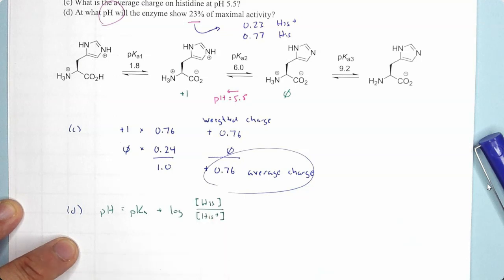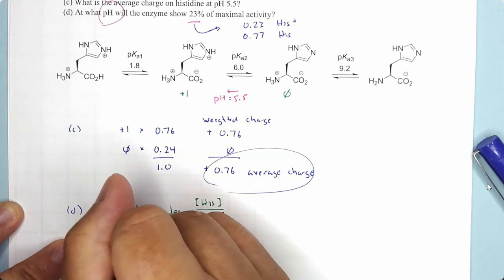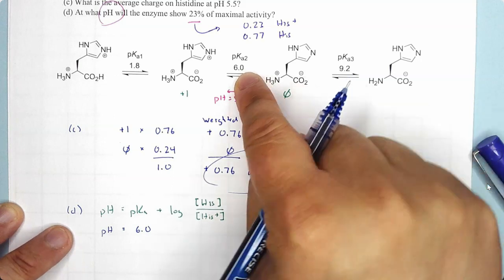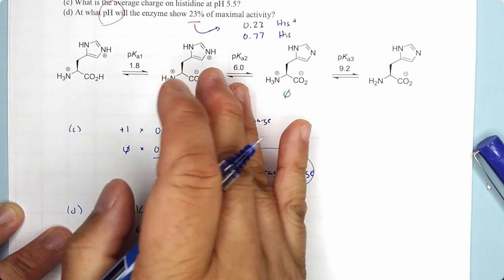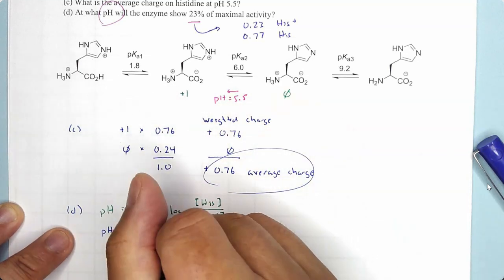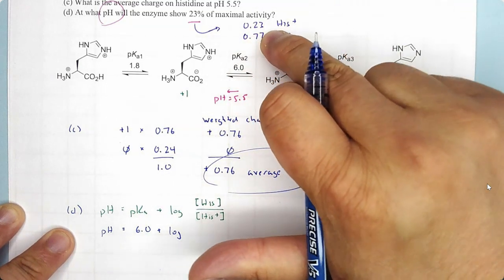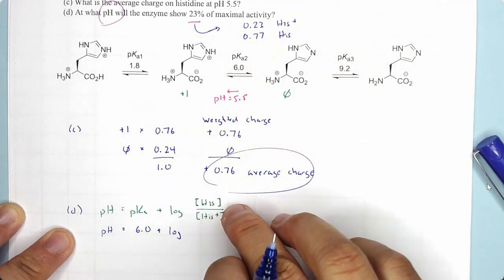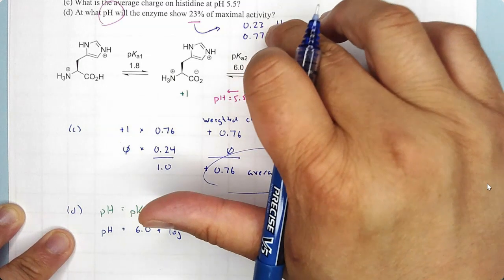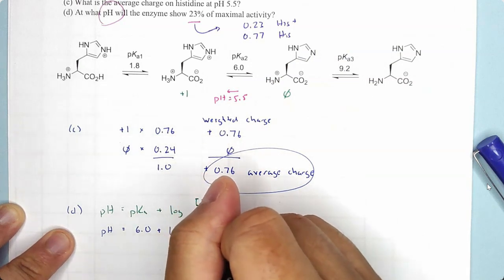We just have to plug in the correct numbers. pH is the unknown, equals 6.0. We're using this pKa because it is the pH where we have the division between active and inactive, plus log, and we literally just plug these in. You could take the molarity ratio or the mole ratio. This is the mole ratio, right? And so we're going to have 0.77 on top.